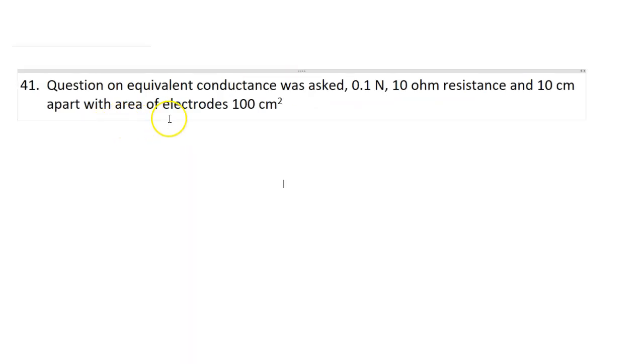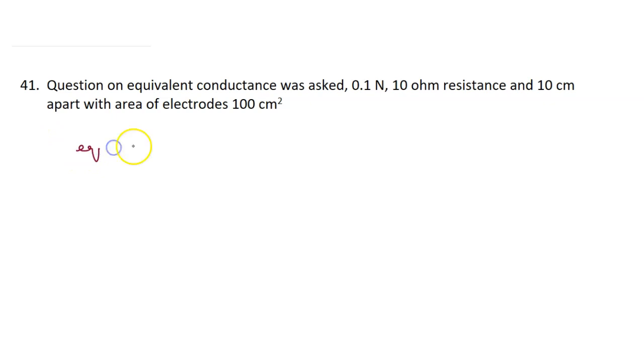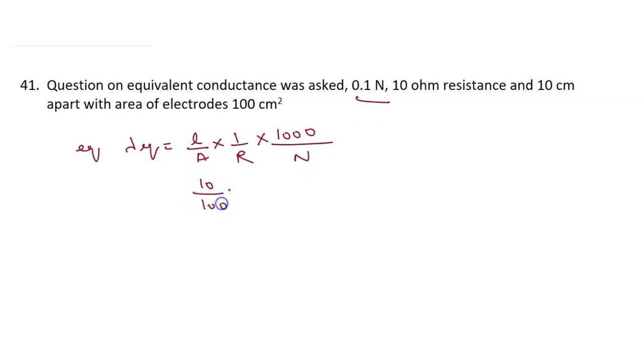A question on equivalent conductance was asked. I don't remember the parameters correctly, but roughly I have noted it. Equivalent conductance, that is lambda equivalent, can be written as l by A, that is the cell constant, into 1 by resistance into 1000 by normality. L given is 10, area given is 100, resistance given is 10,000 by 0.1.